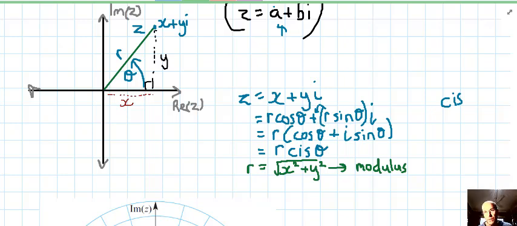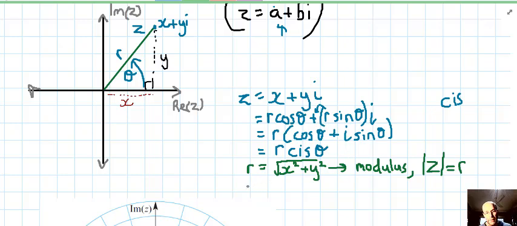Okay, so magnitude and modulus are pretty much the same thing. Certainly mathematically they are. They're just used in different topics in a slightly different manner, but essentially they're corresponding things. Just like with vectors, we can use this notation here, the magnitude notation. It's called the modulus of complex numbers, so that would be the same as the modulus of z. So the modulus of z is equal to the r on the diagram there.